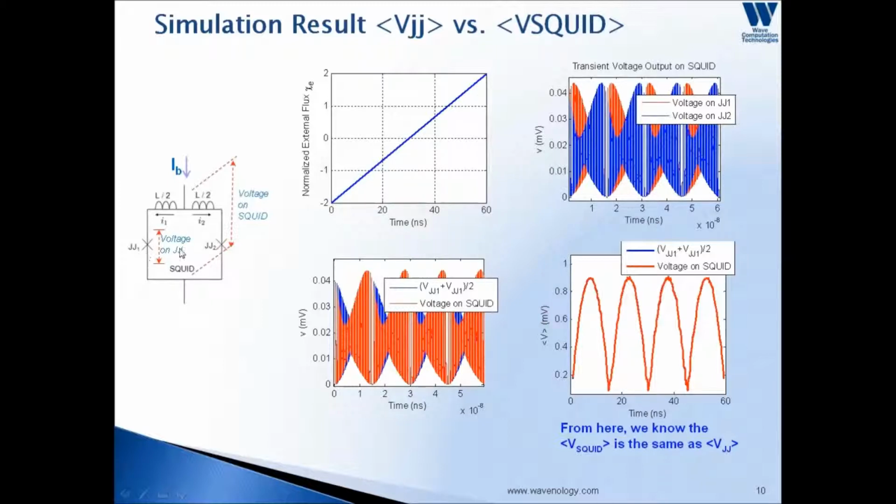And we measure the voltage response of this 2JJ. You will see the voltage has a slight phase difference, but in general it's oscillating at a similar magnitude. We also show the average of the 2JJ voltage compared against the voltage across the entire device. They're slightly different, but in general not much difference there.